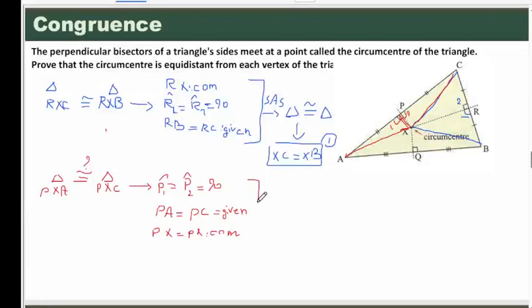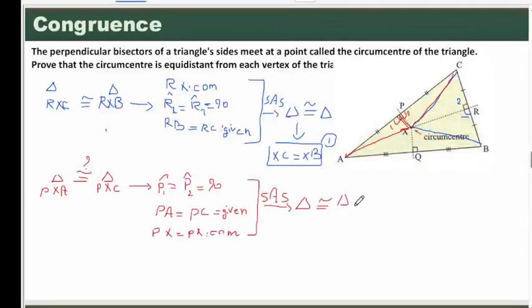So I could prove these two triangles with SAS, two sides and the angle between them, they are congruent. Which triangles? Triangle PXA and PXC.